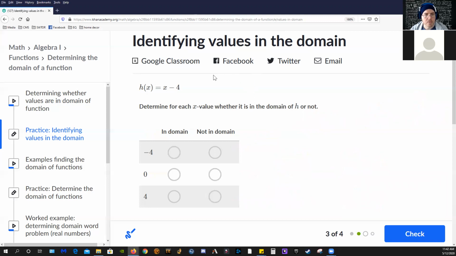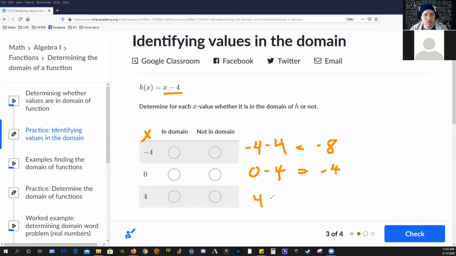Okay, let's try this one. We're checking domains. Here are x values. So this would be -4 minus 4, which is -8. That's fine. This one is 0 minus 4, which is, and again, I'm just using this part of the equation, -4, and that's fine.